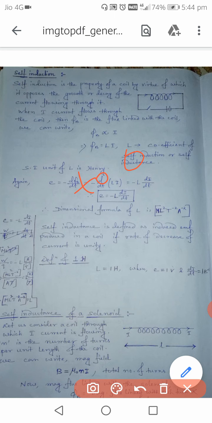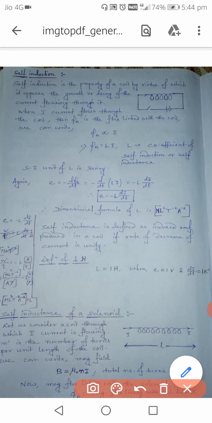And what will be the nature of the induced EMF now? Because it opposes the cause of induction. In this case, what is the cause of induction? Decay of current. Decay means reduction of current. Current is reducing now from a certain value to 0. So this induced EMF produced will oppose the reduction in current, or it will oppose the decay of current.